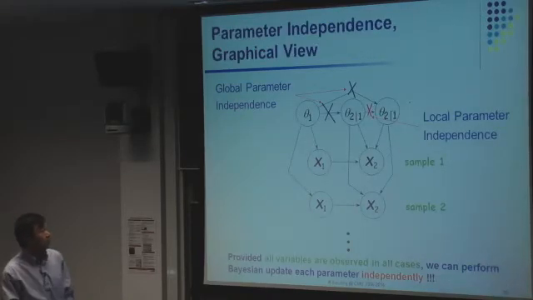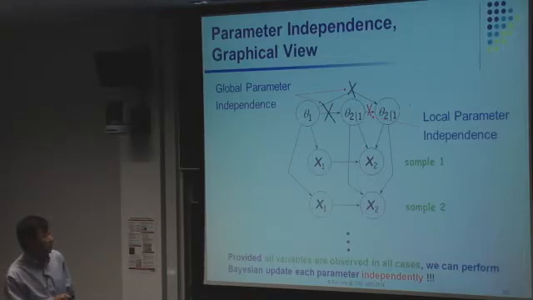So at the end of the day, you are going to have a graphical model like this, right? You have the observation in here, and here you have two parameters, and they must be independent of each other.